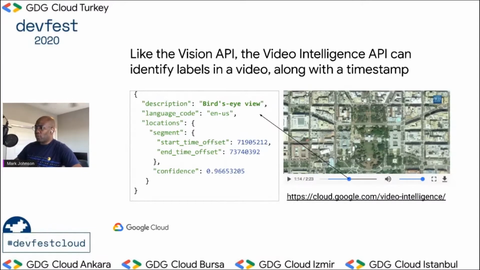What folks are using this for is labeling certain time sections of the video, certain start and end times, to know what's popular to folks looking at the video. So if it's movie trailers, they may want to know who likes watching movie trailers that have a bird's eye view in them.